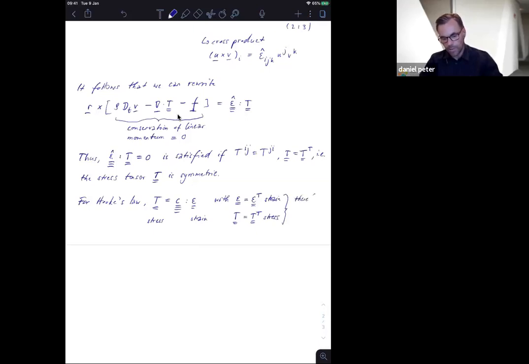So what follows are symmetries imposed on the elastic tensor C. Then we have one of the symmetries: Cijkl, which would be due to the symmetry of stress, is equal to Cijlk, which would be due to the symmetry of strain.